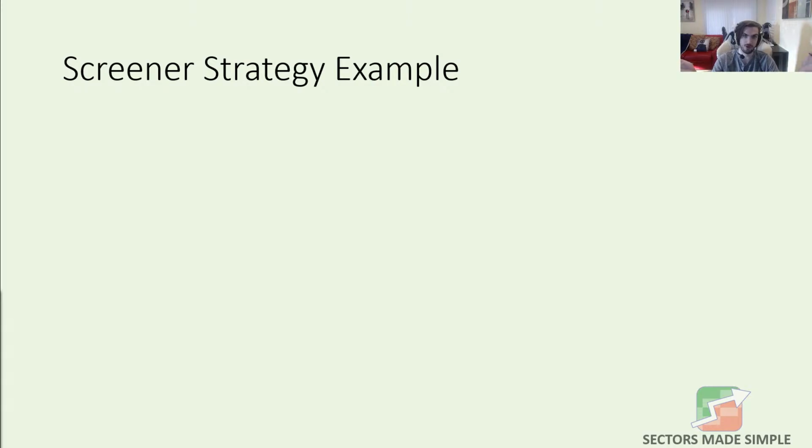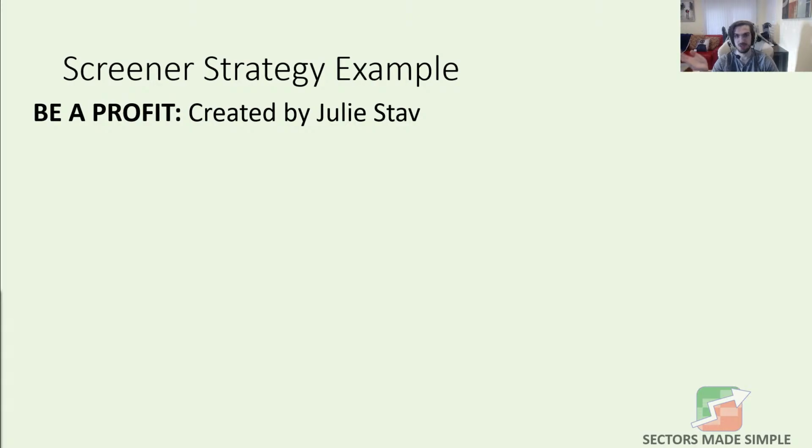The list of companies that check all of the boxes. Every single one is a yes. We like this stock. It's going to end up on the list. If any of you have heard of this financial educator named Julie Stav, she came up with this amazing list of requirements called Be a Profit.